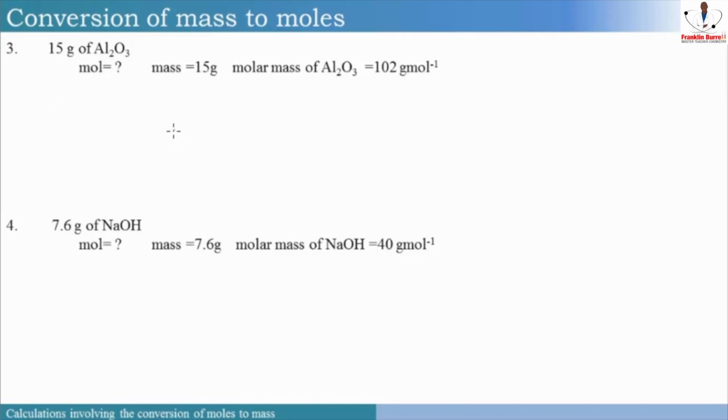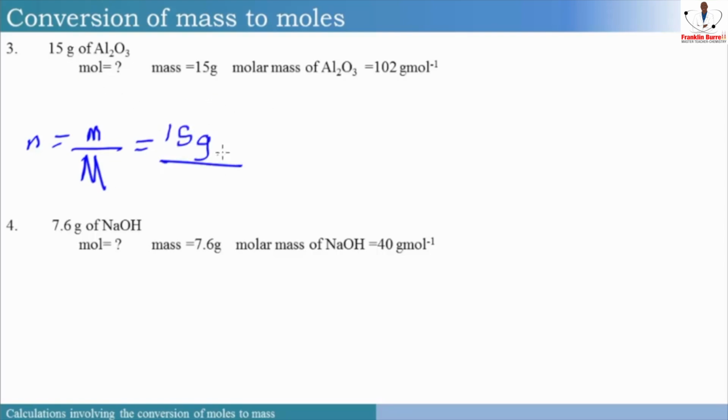If you are given worded questions, the first thing to do is to pick out the information that is given and to identify what you want to find. And then you can use appropriate formulas to calculate your value. So here again, mole is equal to mass over molar mass. And the mass is 15 grams.